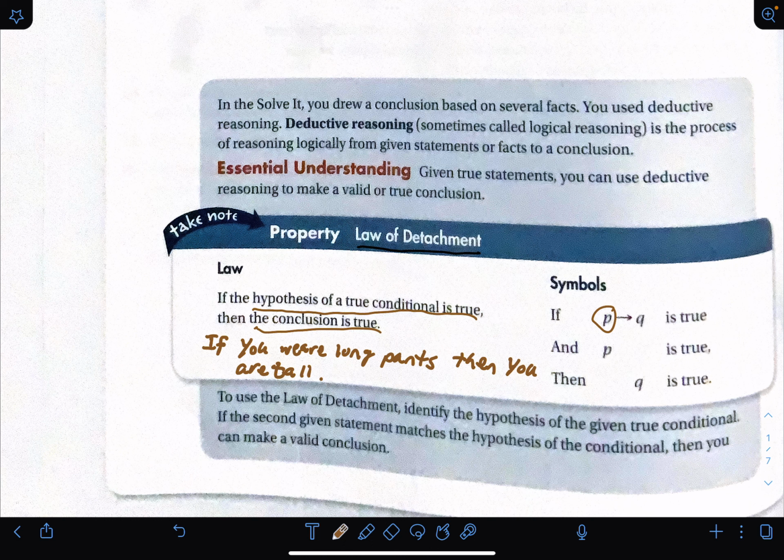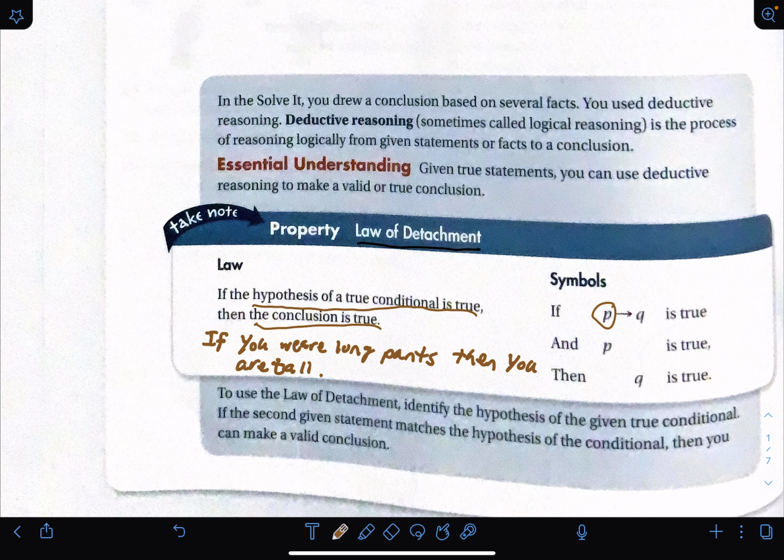The hypothesis is you wear long pants. The conclusion is you are tall. It's really almost too silly, but that's what the law of detachment is.